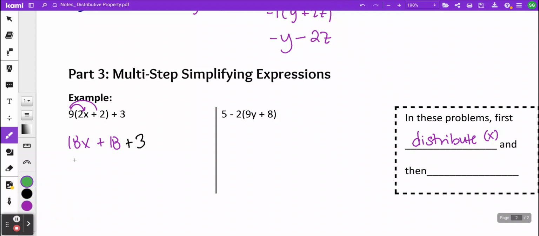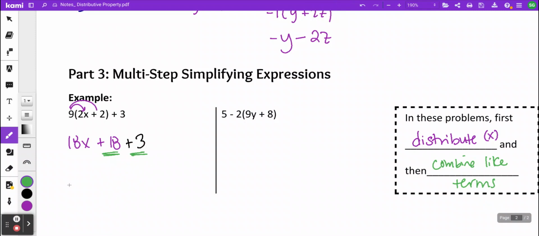Once we've done that, then we can do any other simplifying we see. So I know this is not completely simplified because yesterday we learned we can combine like terms. So looking at this problem here, I see there are 2 like terms. It's those 2 numbers. Don't forget, you can add 2 numbers together.